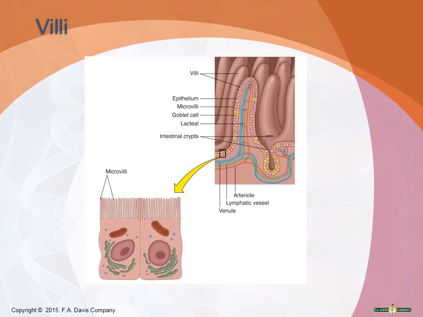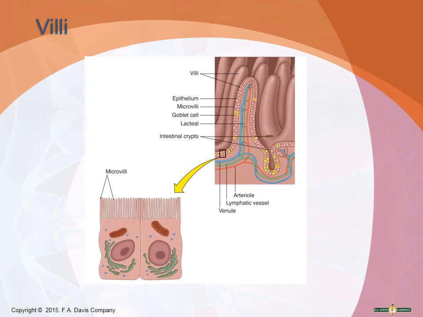If you go back to our lymph lecture, you remember that one function of the lymph is to absorb lipids, and that is the job of what's called a lacteal in the GI system. It's a lymph vessel in a villus.